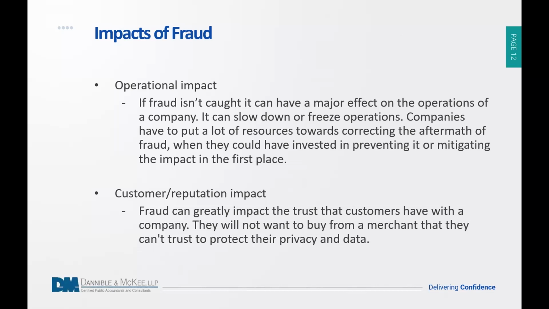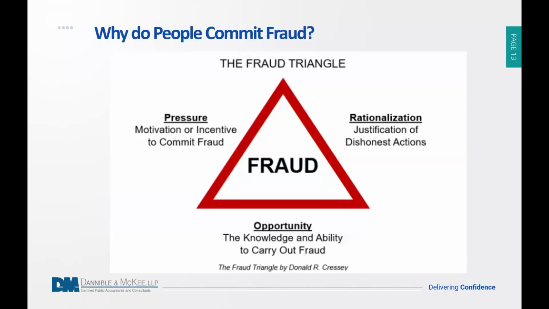So if you've listened to me present before, we always try to talk about the fraud triangle. In order to understand why fraud happened, or in order to catch fraud, you have to understand why it's happening. So I want to take a few minutes to go over the fraud triangle. This was created by Dr. Donald Cressey, and it has 3 elements, and all 3 elements have to be present in order for fraud to occur.